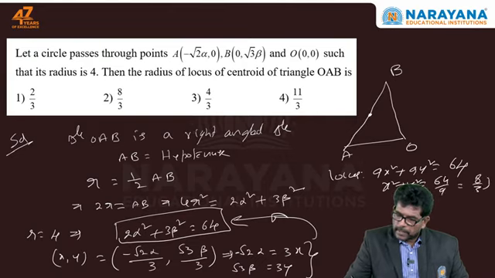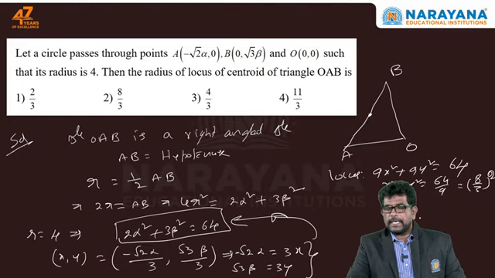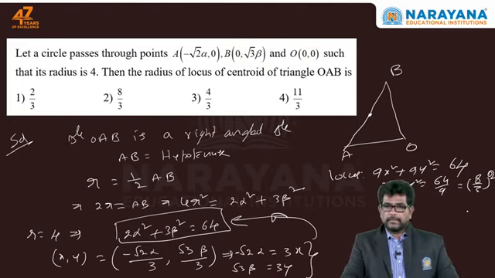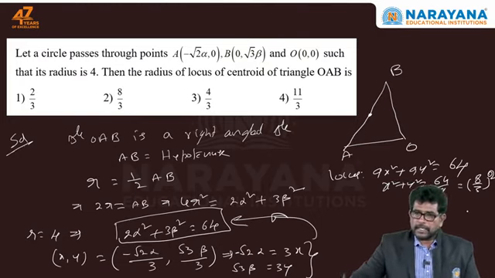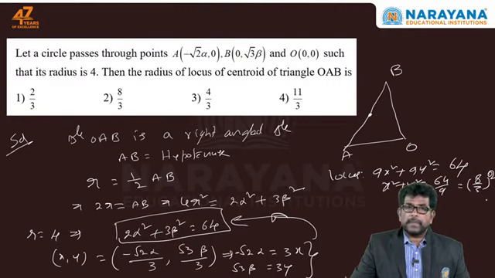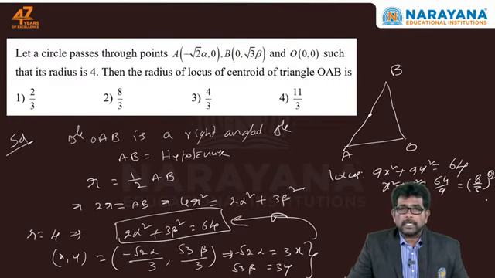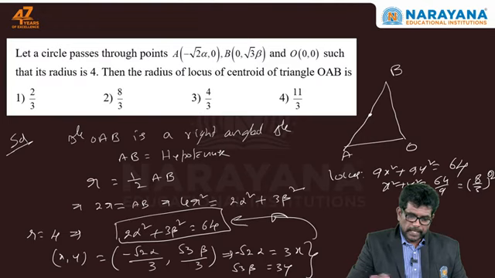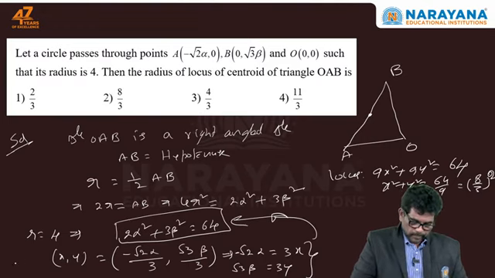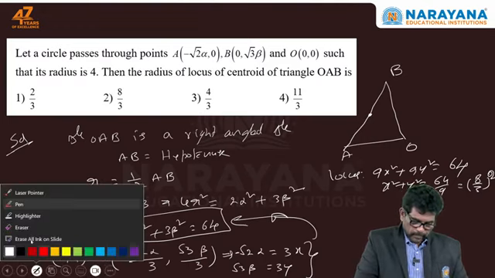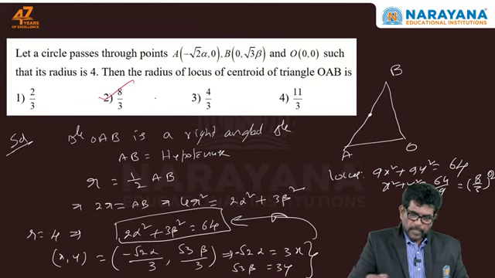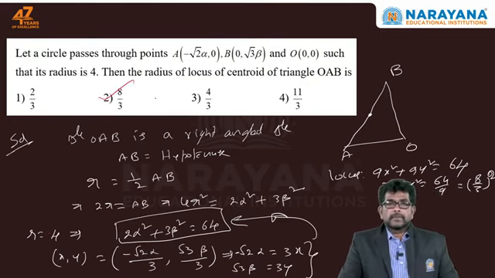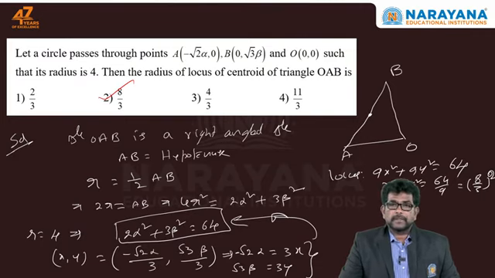It is 8 by 3 whole square. It represents an equation of a circle whose radius is 8 by 3. So the radius of the locus of the centroid of the triangle OAB is 8 by 3. The problem is related to geometry, and it is a simple problem also. Thank you.